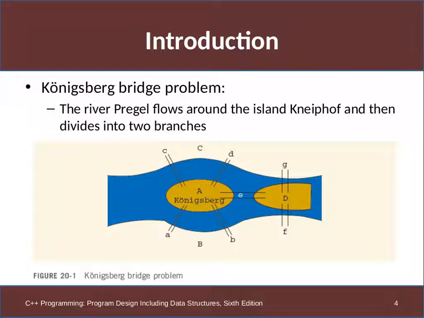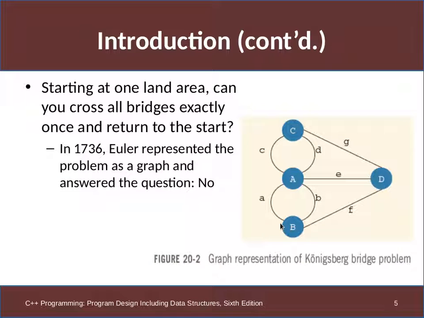Wait, no, this is actually, can you go across each bridge once? I'm sorry, not each land. So you could go C to A to B, then D, then G, and then go over to E, but then you missed F, and then you have to cross B in order to get back to F. So that won't work. Well, let's skip ahead.